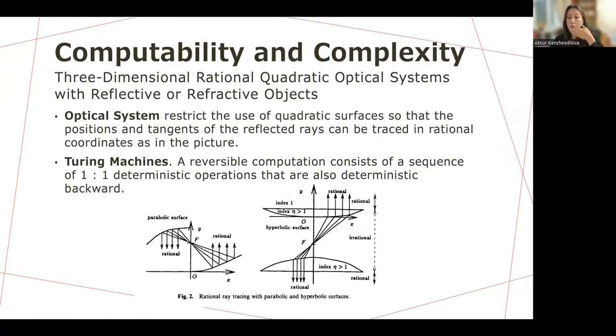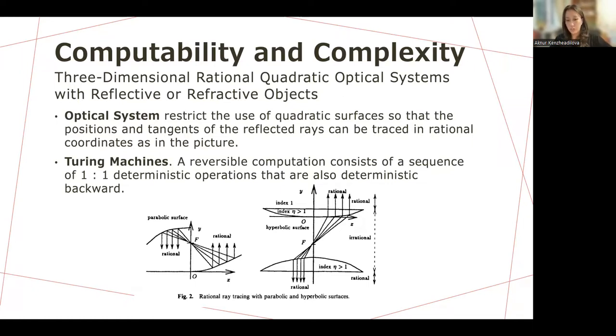And for the Turing machines, in this discussion, we will assume reversible Turing machines. Reversible computation consists of a sequence of 1-to-1 and deterministic operations, deterministic both forward and backward.